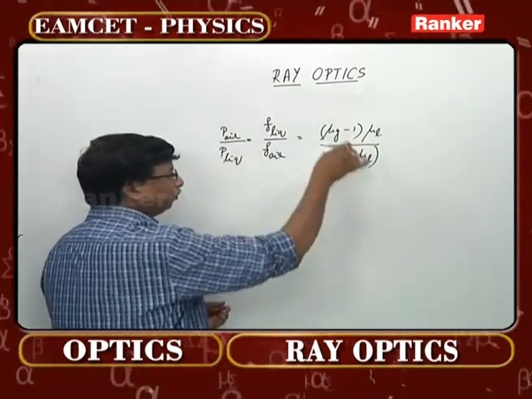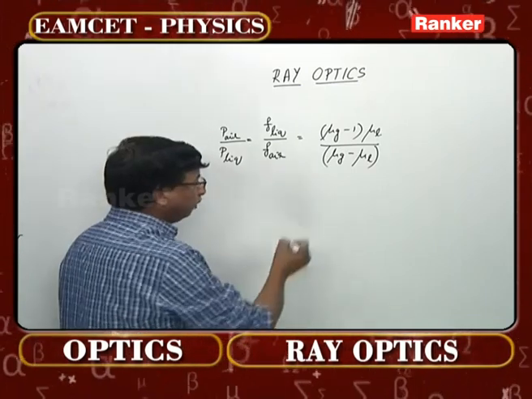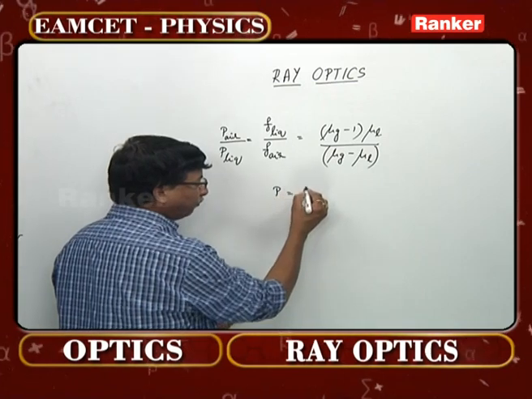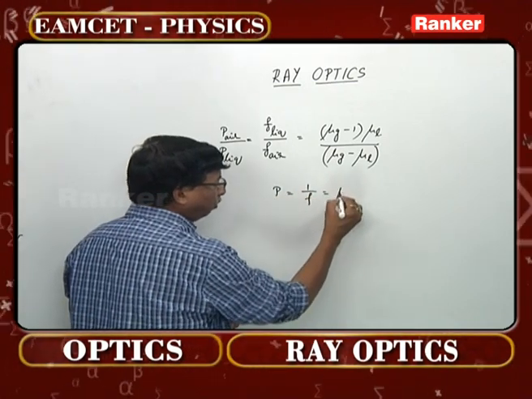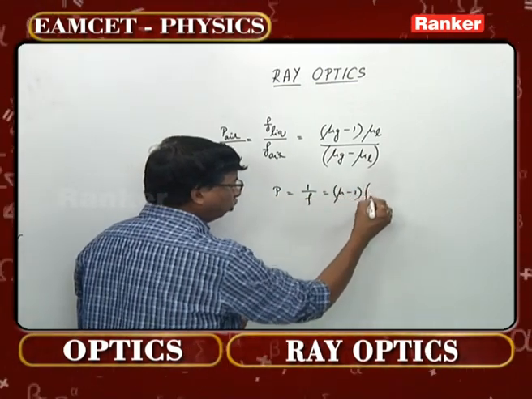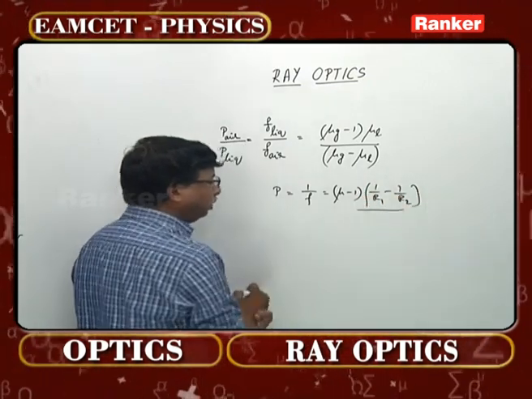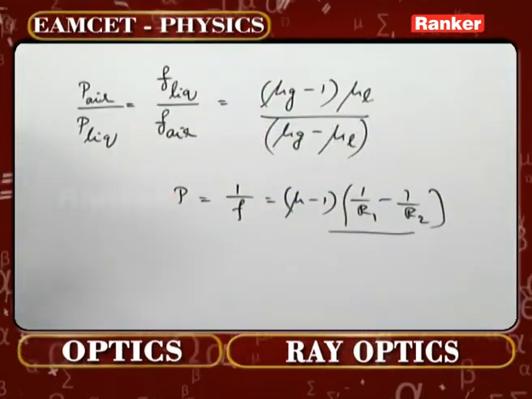Where do we officially get this formula from? That formula can be obtained from the lens maker's equation, which of course is P = 1/f = (mu - 1)(1/R1 - 1/R2). This is what is called the lens maker's formula.